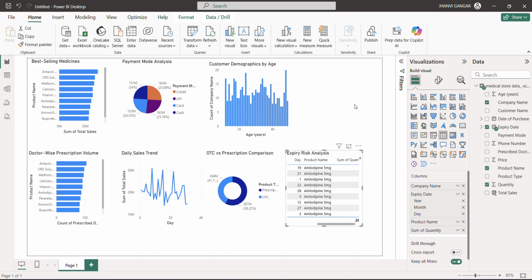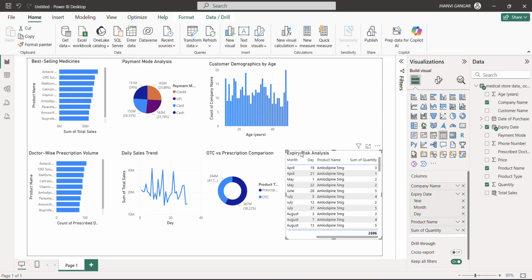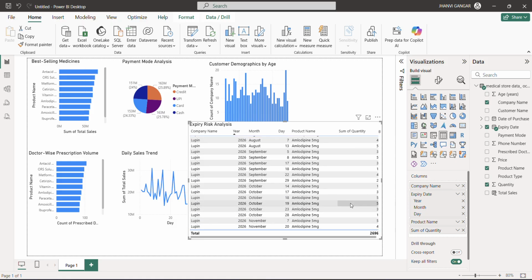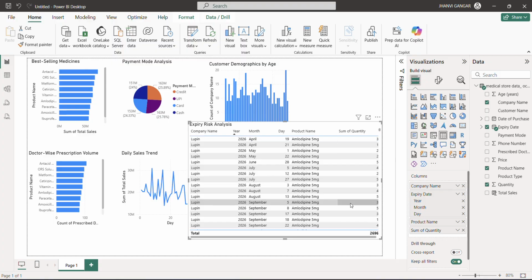Lastly, moving on to the expiry risk analysis. This is the table where we have taken multiple columns like the product name, the expiry date of the product, the company of the product, and the sales that they have done, like the total quantity that they have sold.